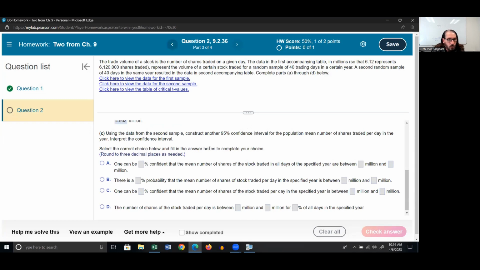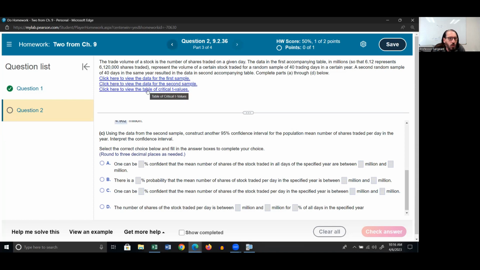Now, still talking about 95%. Sample size is also the same. So you have the same number of degrees of freedom. You're looking in the same column on the table. So that critical t-value is the same.